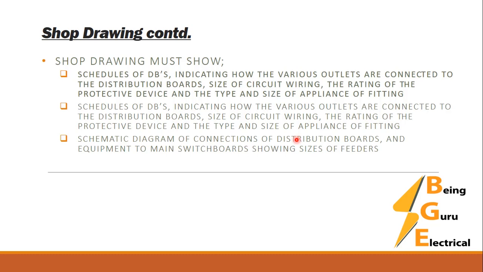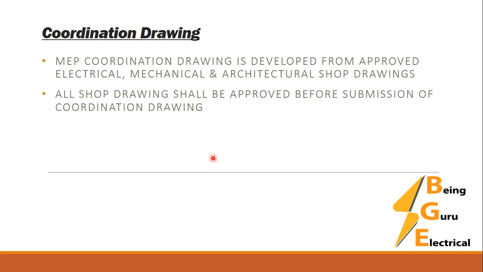Then we have a coordination drawing. After the mechanical, electrical and architecture shop drawings are approved, based on these drawings, the MEP coordination drawing is developed and it is approved before execution on site. The reason is there are too many problems the engineer can face during execution on site.